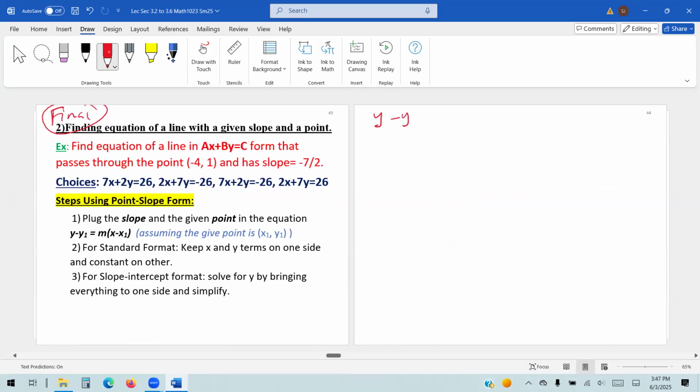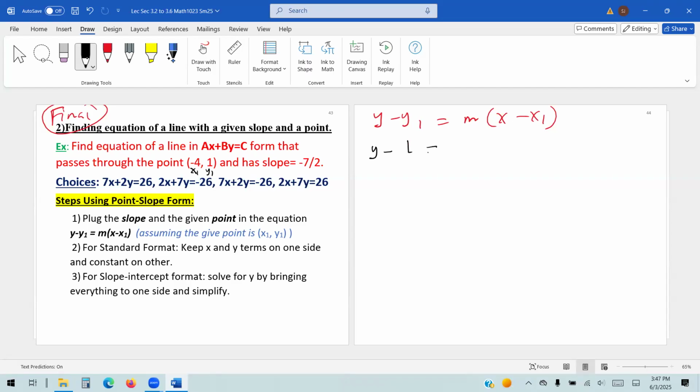So y minus y1 equals slope times x minus x1. They gave us the point negative 4, 1. So this is x1, y1. So y minus 1.